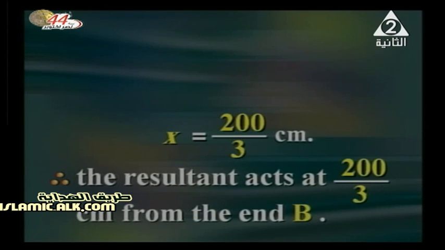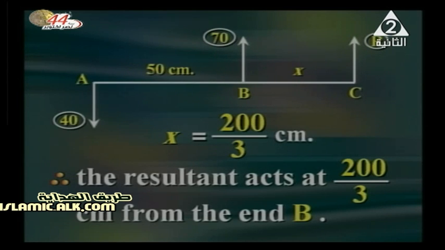The resultant acts at 200 over 3 centimeter from the end B. Look at, if we have two forces 40 and 70 in the opposite direction, R the resultant of the two forces equals 70 minus 40 equals 30. This value of R, 30 Newton, acts at 200 over 3 centimeter from the end B.